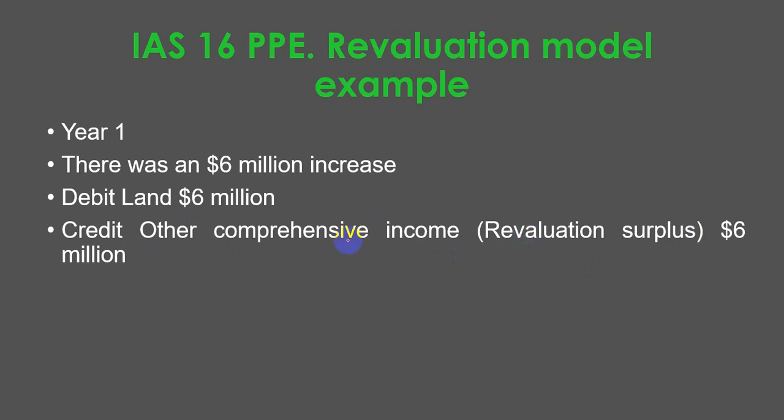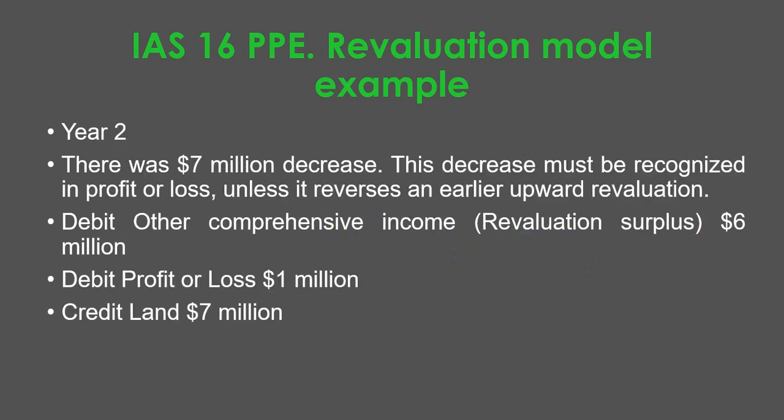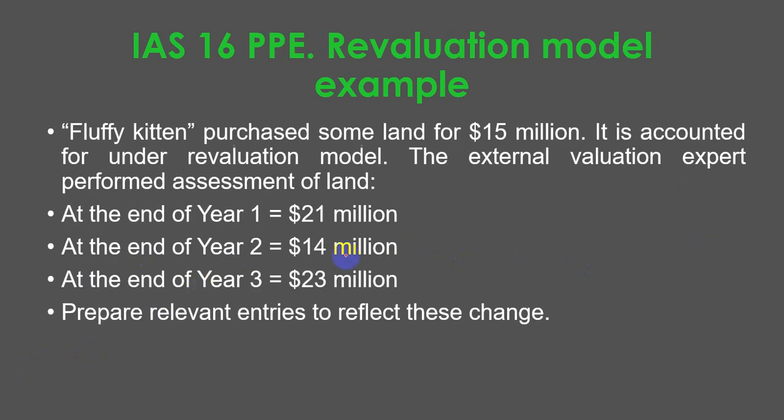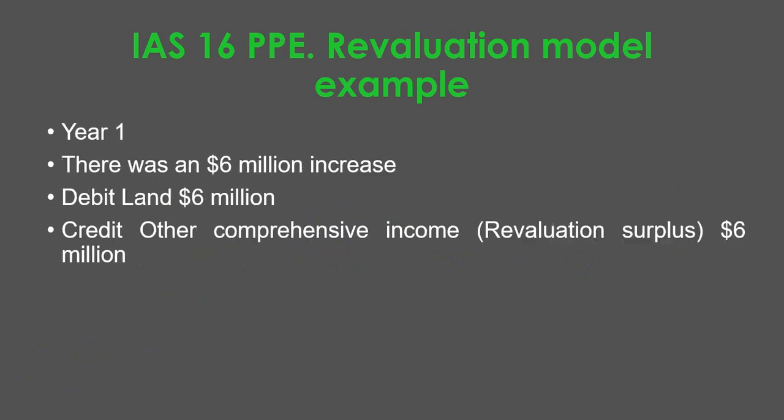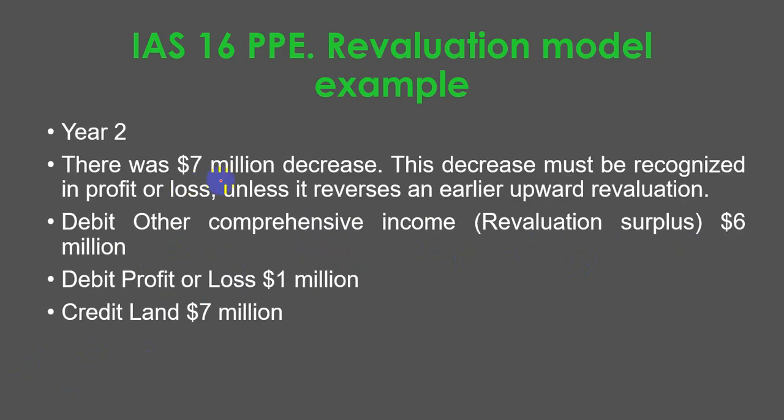by 6 million. Year 2, as you can see, there is a 7 million decrease here from 21 million to 14 million. So, in year 2, there was a 7 million decrease. This decrease must be recognized in profit or loss unless it reverses an earlier upward revaluation.